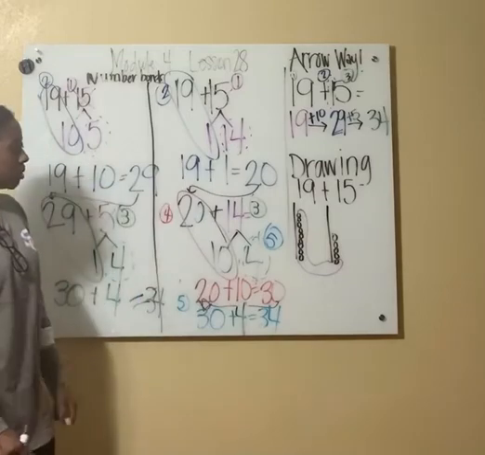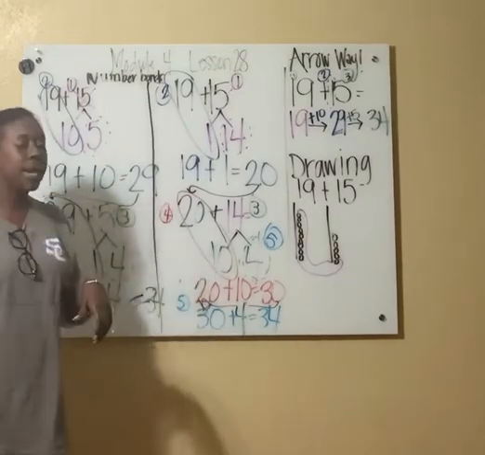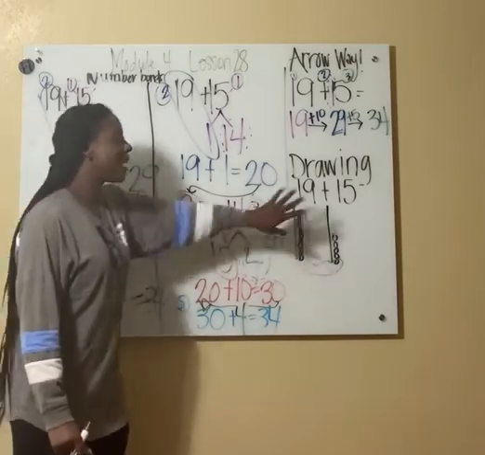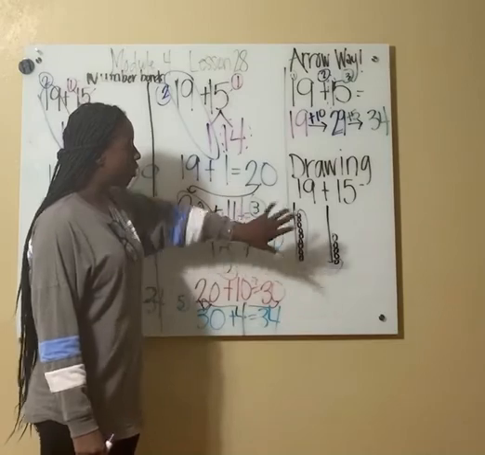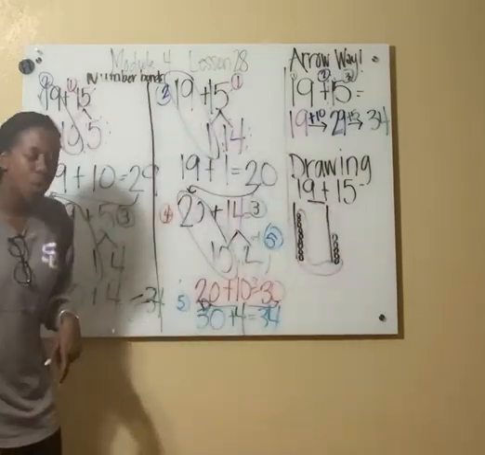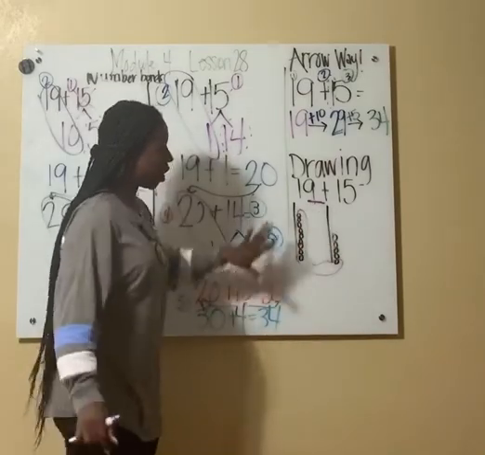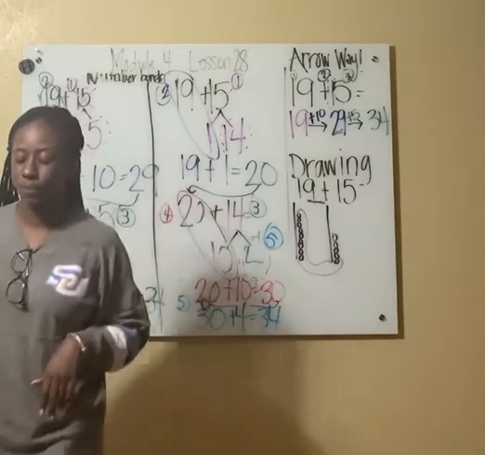That's how I want it to look. I want you to grab from the other side and start with your biggest number. I know 19 is the biggest number. So I'm going to look at my ones, my 9 place. I only need 1 more from 15. So I grabbed 1 and I made another 10.